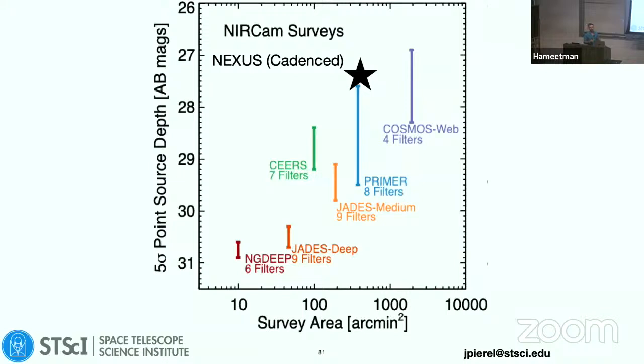It's also our first opportunity to look for the really high redshift long variability objects where you need to visit the same region of sky for several years to see things changing. So we're really hopeful that this will be our first big chance to build a sample of all these different high redshift objects with James Webb. It's starting in May, like I said, so we're really right around the corner.